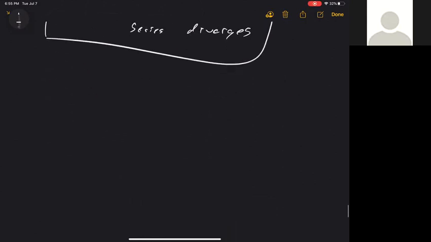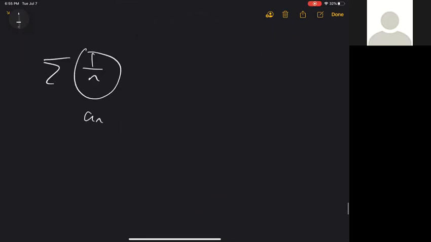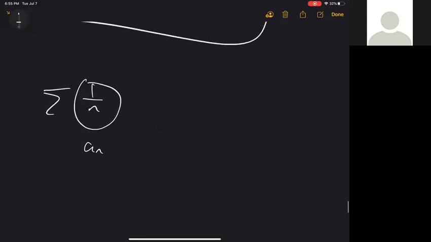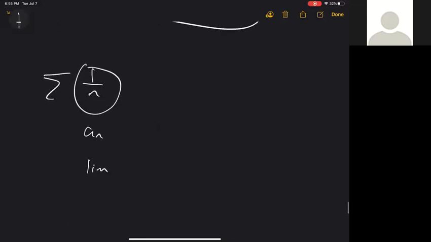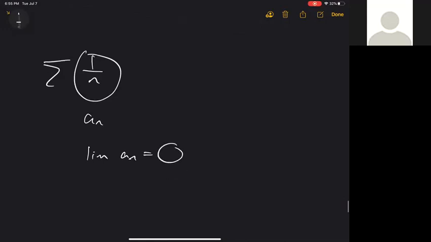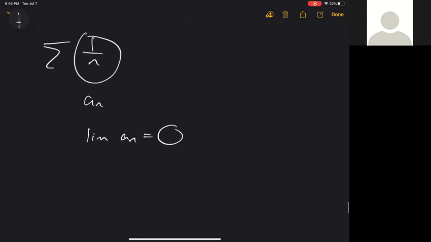So like if I have a series, okay, and this is my a_n, right? Well, in this case, the limit of a_n does equal 0, right? But this is the harmonic series. It still doesn't converge. It diverges, right?